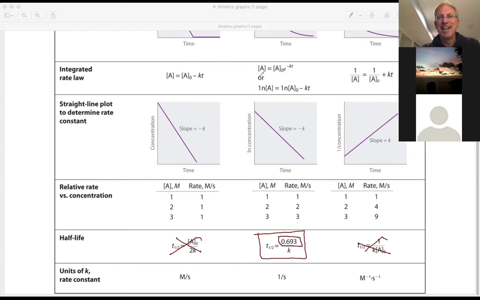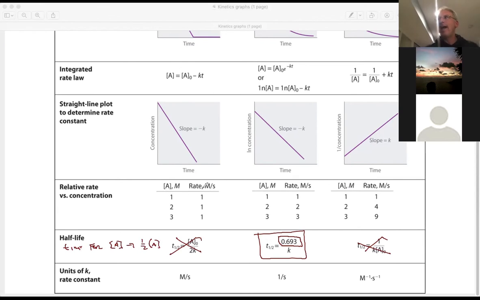Okay, so the definition of a half-life is the time for a concentration to drop in half. So the time for a concentration A to become 1/2 of A. That is your half-life.